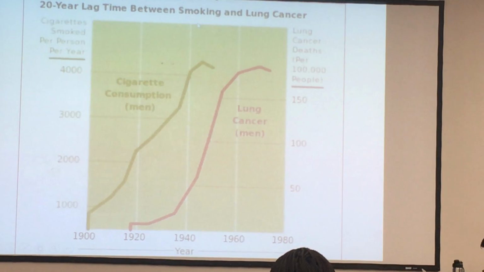Over the past 100 years, they found that cigarette consumption in men started from the early 1900s and reached a peak probably around 1940. The percentage of lung cancer increased maybe 20 years later, from 1920, and had a peak in maybe 1970. But right now a lot of people have reduced smoking, so lung cancer has decreased a little bit.